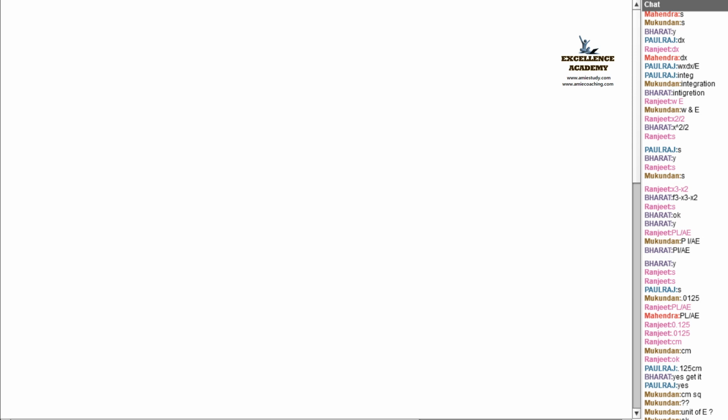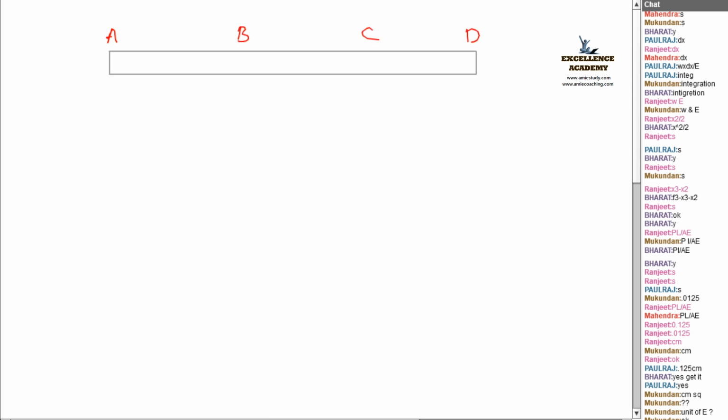Okay, now I am going to take that question. See, this is the question. The points are A, B, C, and D. Four sections are there, and force at A is in this direction, that is 5 ton is acting.